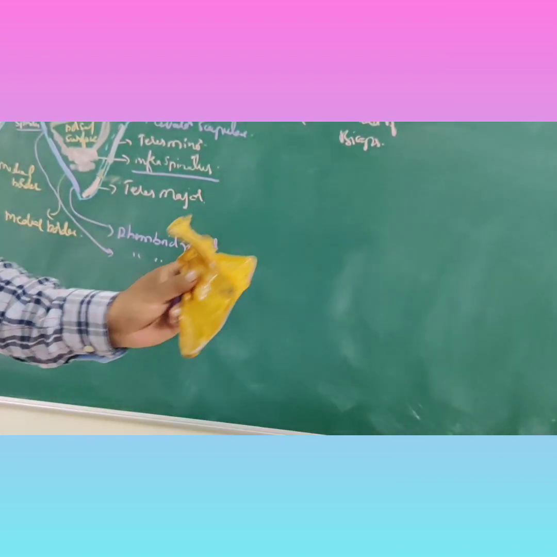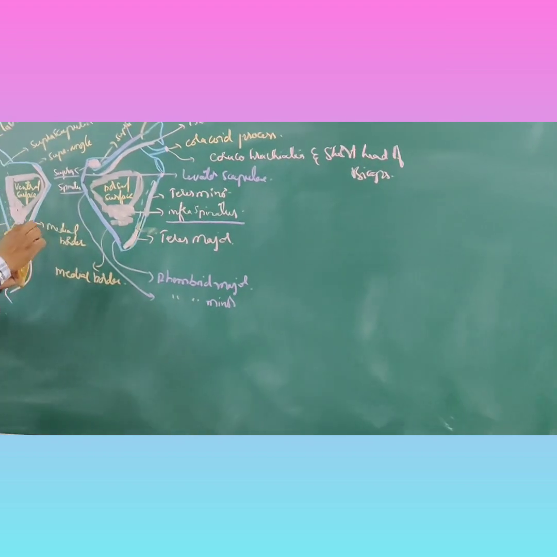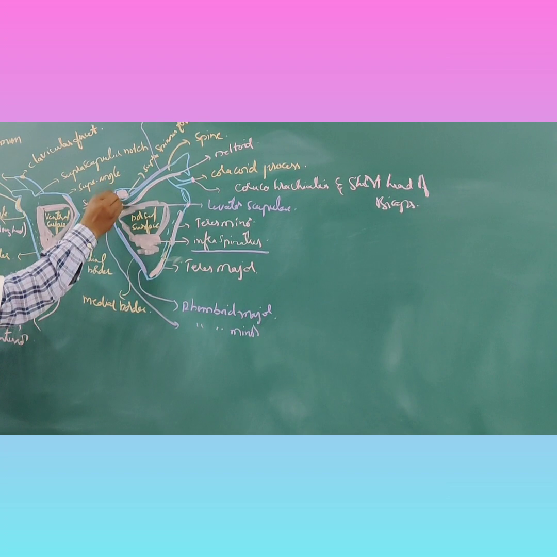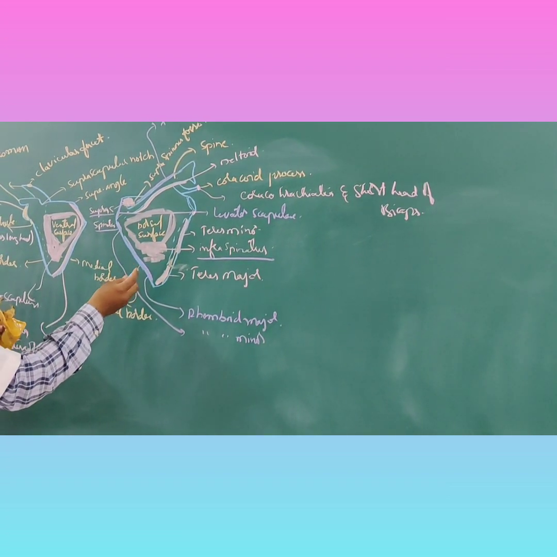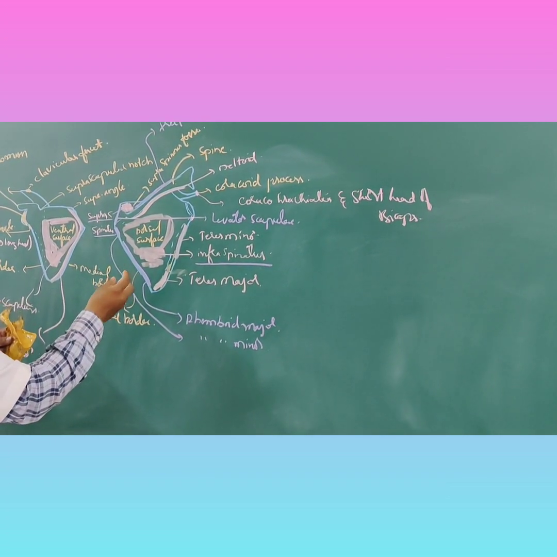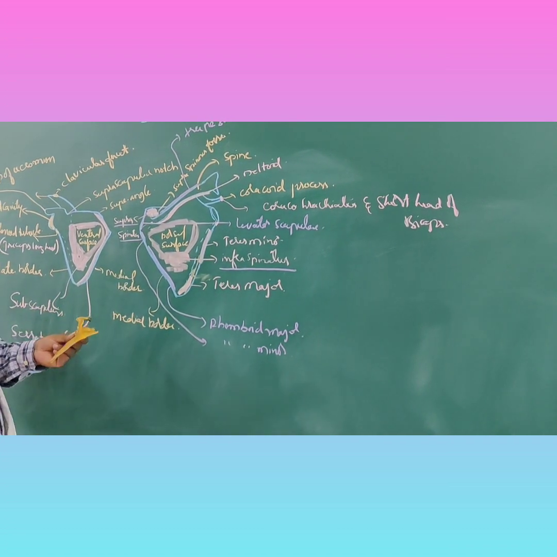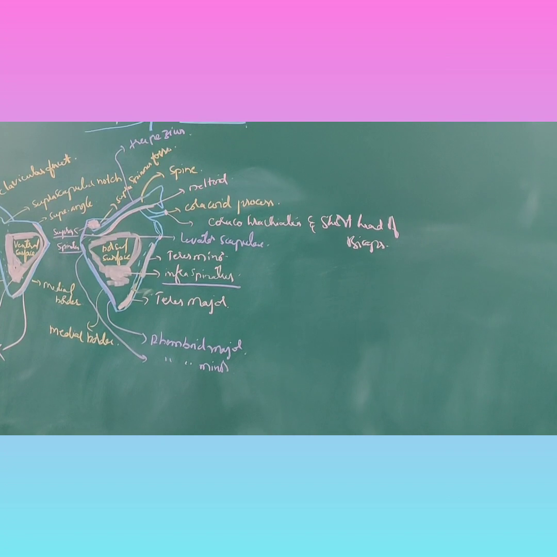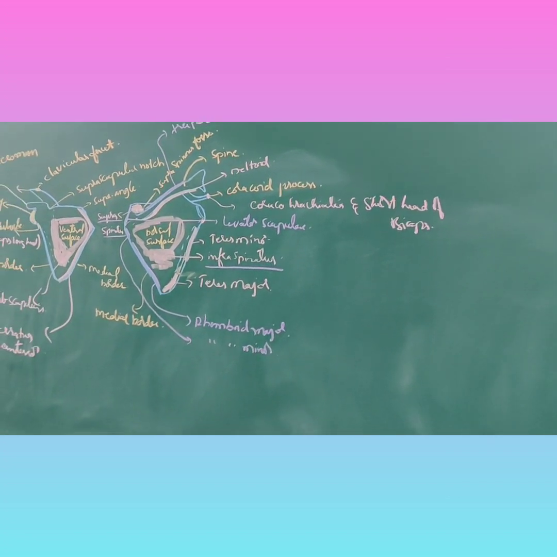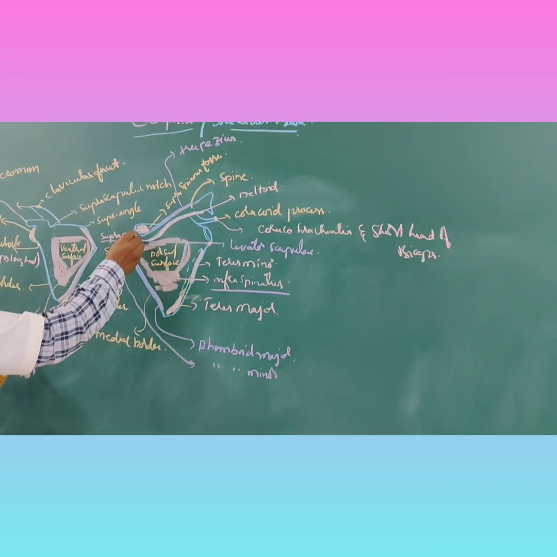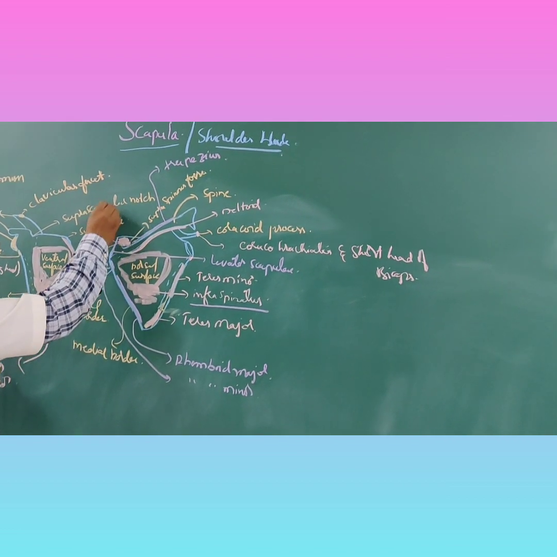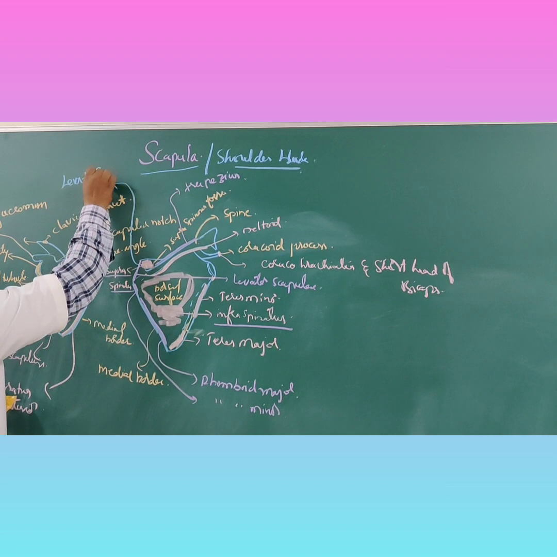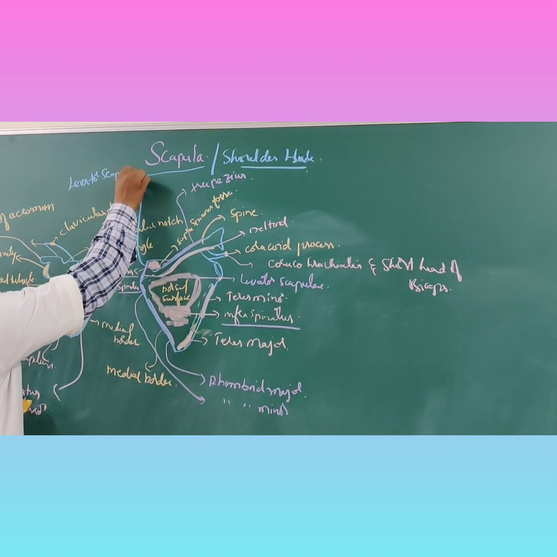Okay, so the dorsal aspect of the medial border, at this region, gives the origin to the levator scapulae. So from here you have the origin of the levator scapulae.